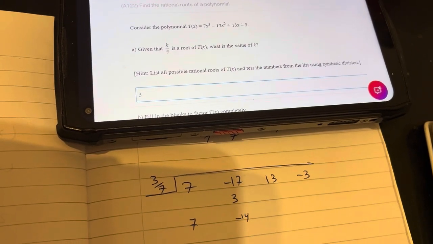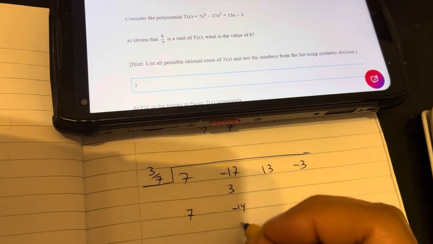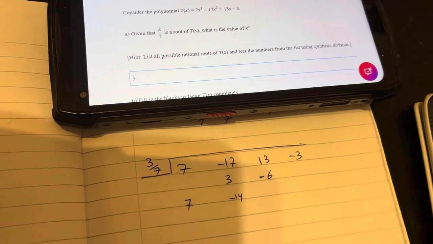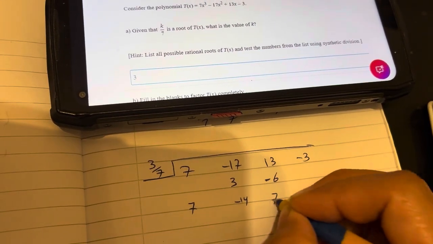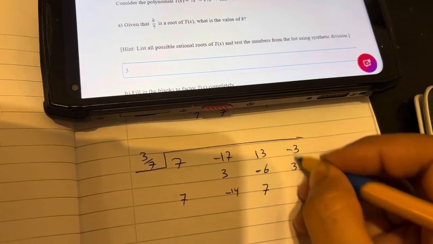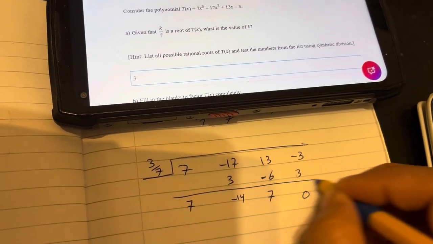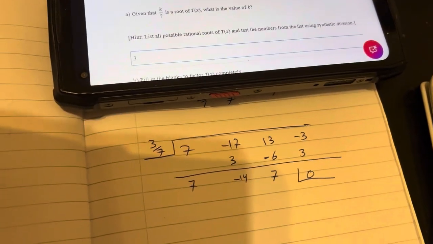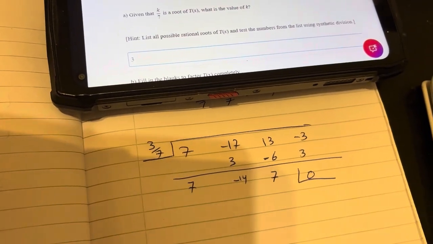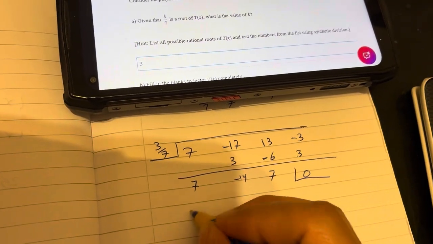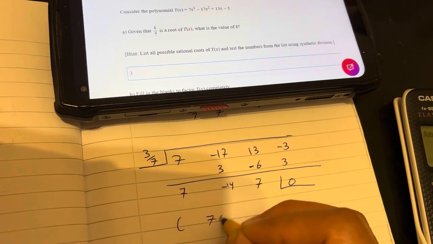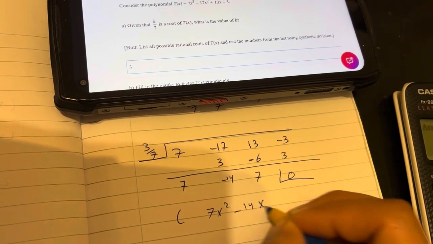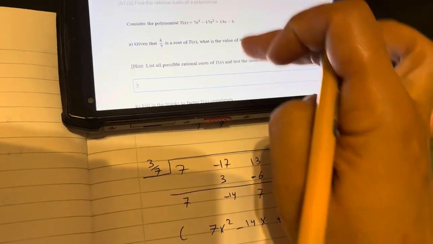Times 3 over 7 is minus 6 plus 13 is equal to 7 times 3 over 7 is 3 minus 3 is 0, and you should get a remainder 0, otherwise your answer is wrong because this is a factor. So your equation is 7x squared minus 14x plus 7, and this is the other factor.